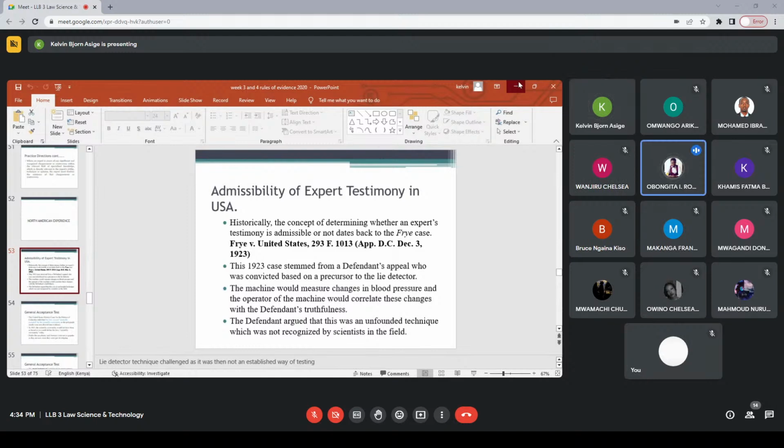Section 48 and section 49 on expert testimony, because we're talking specifically about expert witness testimony, right? Expert evidence.